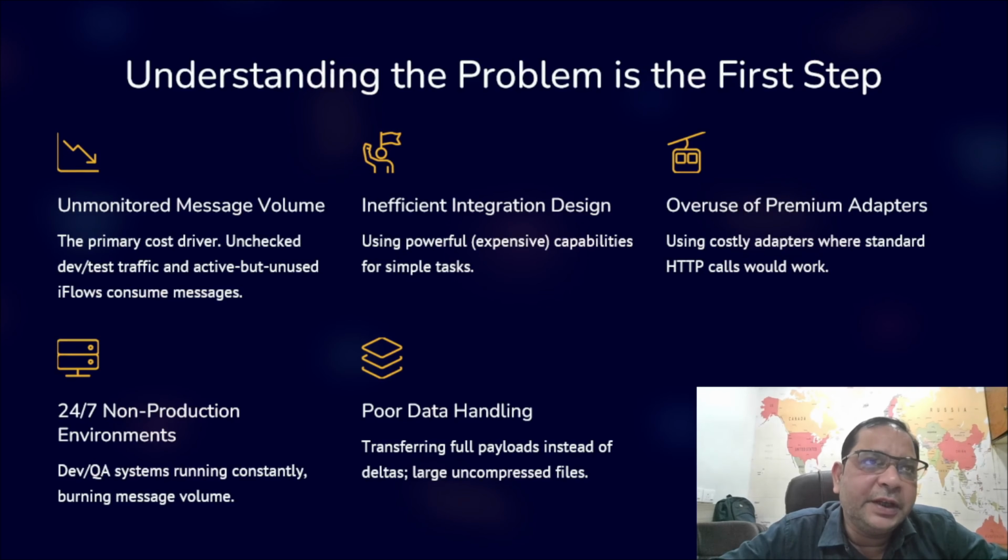If you don't need them, you can shut them down for the time being, and then you can control your cost. Then you have poor data handling, transferring full payloads instead of large, compressed files. So these are the main root causes of enterprises paying more costs in SAP BTP.